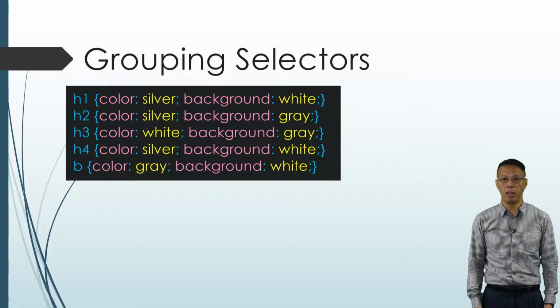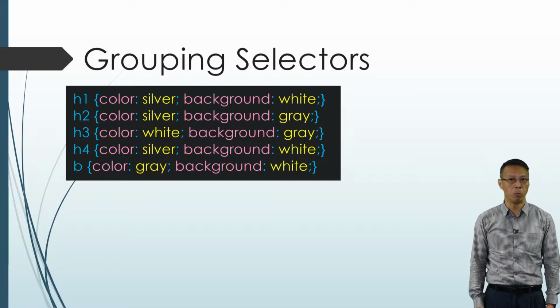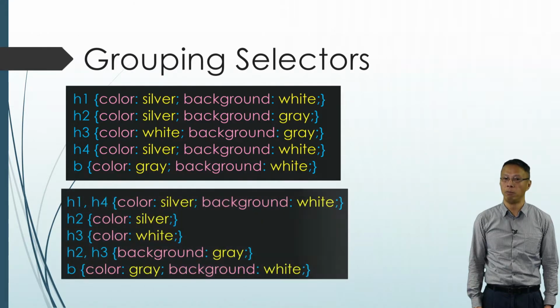Now, H1, H2, H3, H4, and B elements are defined with different declaration blocks. We can take a closer look. H1 and H4 are sharing the same set of declarations. So we combine them, and we can see that we have H1, comma, H4.